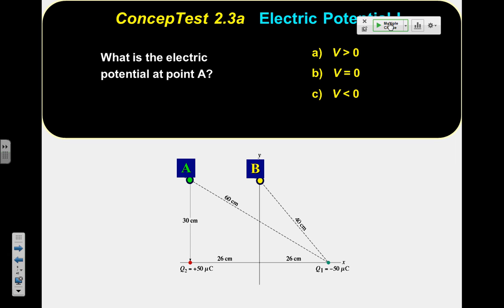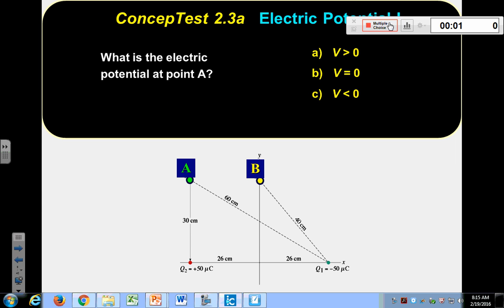What is the electric potential at point A? I have 2 charges, a plus 50 and a minus 50. And this point A is 60 centimeters from the minus 50, 30 from the plus 50. What is the potential there?